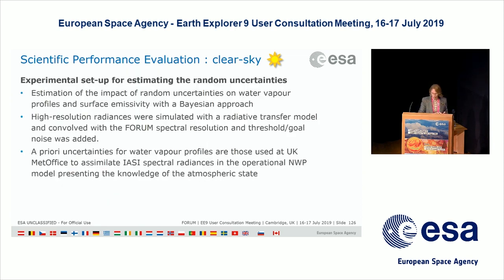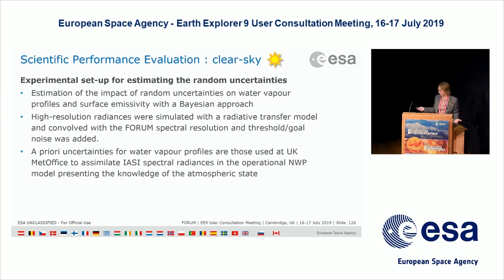So this was only one component of the uncertainty, so now we need to look at the random uncertainty. For that, we do a Bayesian approach, again for water vapor and emissivity. The high-resolution radiances were simulated with the radiative transfer code again, then convolved with the spectral resolution, and then the threshold, goal, and noise were added to them.